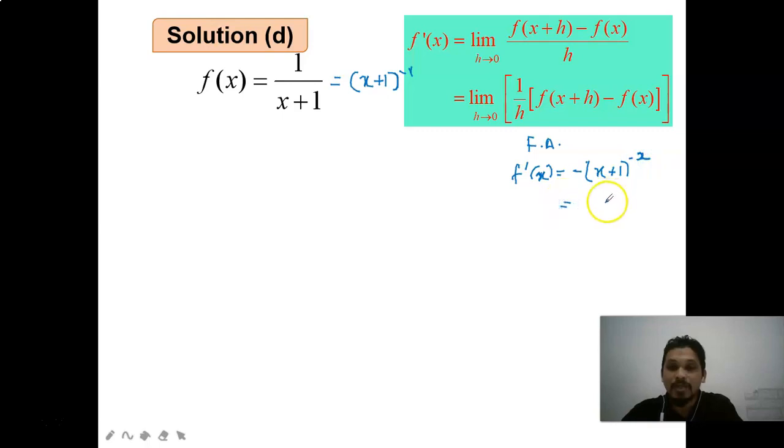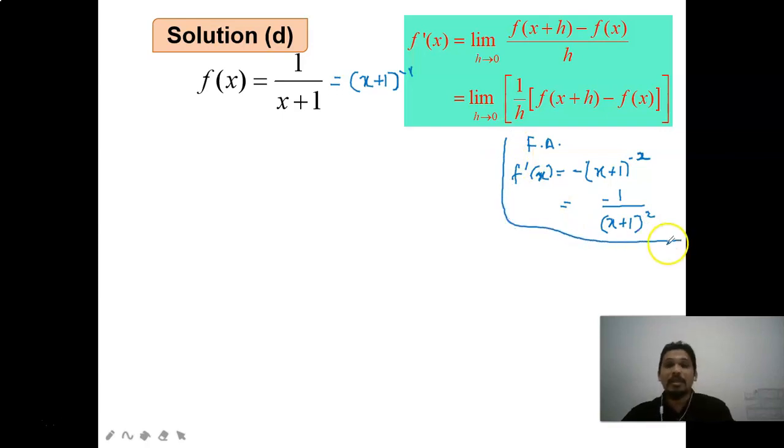Or we may also write this as negative 1 divided by x plus 1 squared. Okay, we keep this as a reference.